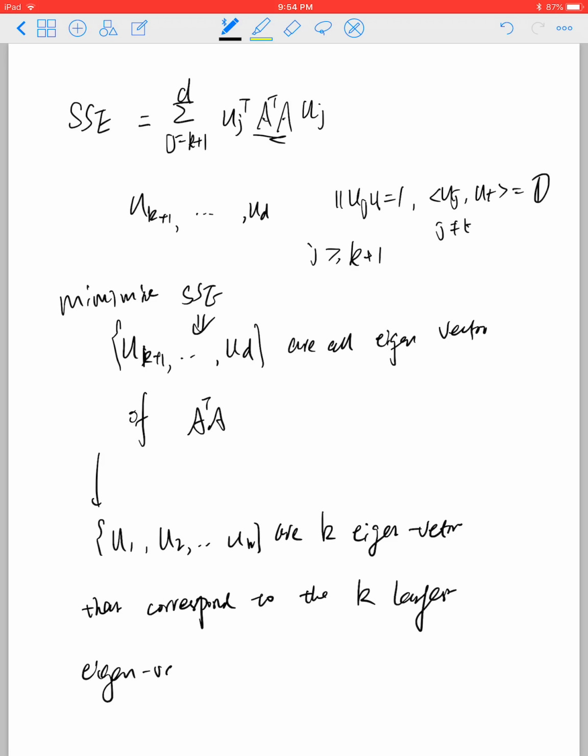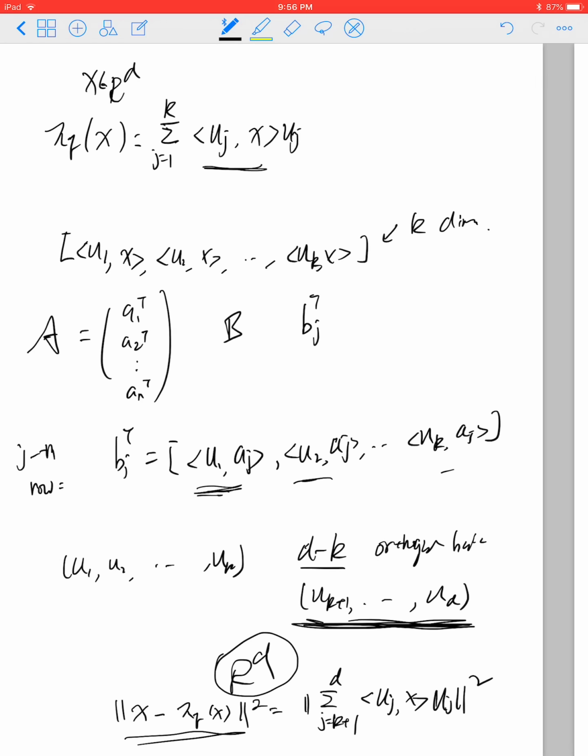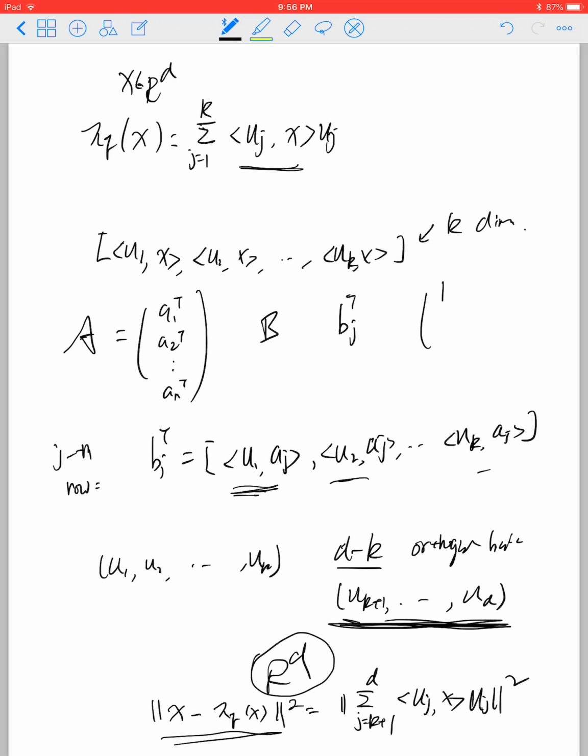That is, if you want to minimize this SSE, to minimize the projection error such that you can find a low dimensional matrix that best represents or best approximates the original high dimensional matrix A, those spaces are actually the K eigenvectors that correspond to the K largest eigenvalues of A transpose A. That is the transpose of the original matrix multiplying the original matrix.